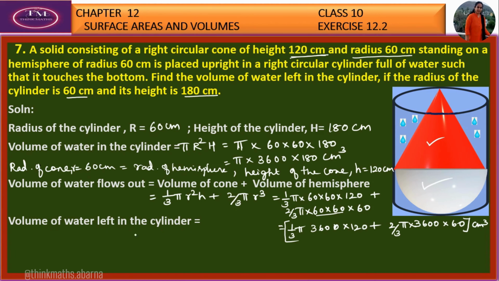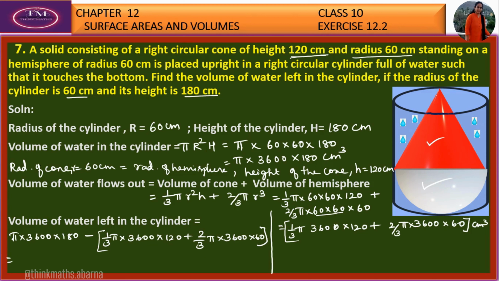Now what will be the volume of water left in the cylinder? So it is nothing but total volume. What is the total volume? It is nothing but pi into 3600 into 180 minus, we have to take out the volume of water flowing out. What is that? 1 by 3 pi into 3600 into 120 plus 2 by 3 pi into 3600 into 60.